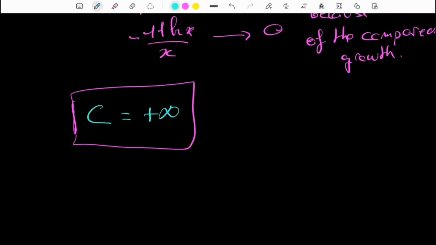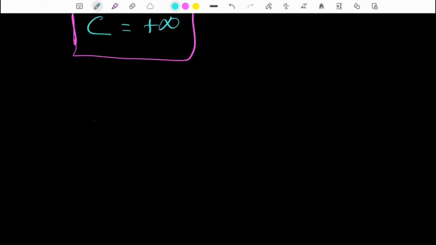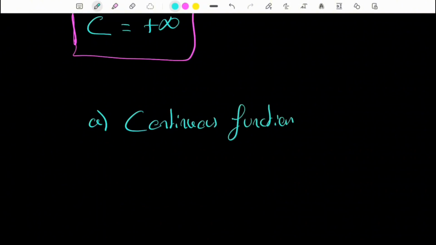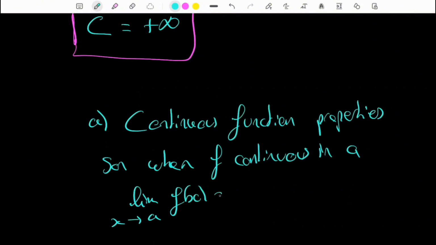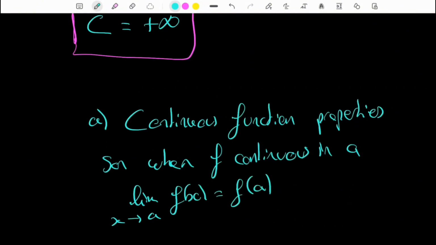So to do a little summary, for a we used the properties of continuous functions, so when f is continuous in a, the limit when x tends to a of f of x is equal to f of a.